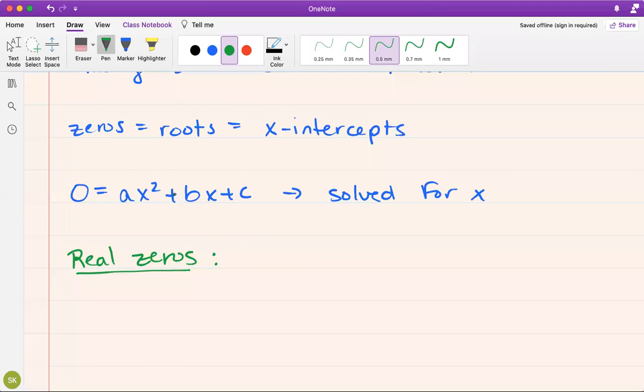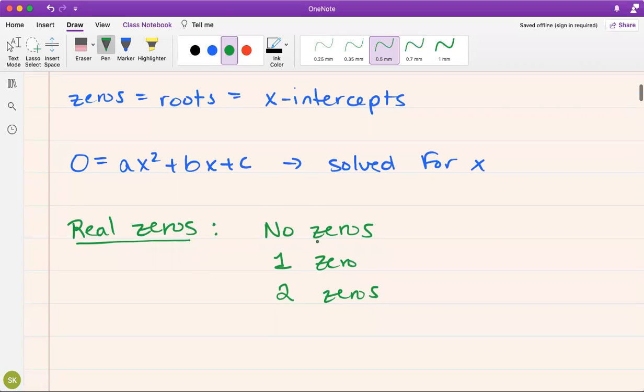What kind of value could we get for x that was a real number? So we had three options. We could have no roots, so no zeros. We could get 1 zero, or 1 x-intercept, or we could have 2 zeros when we factored this, or used the quadratic formula, or graphed it.